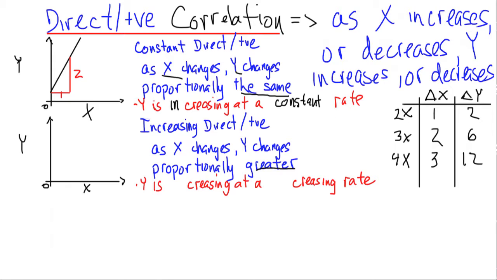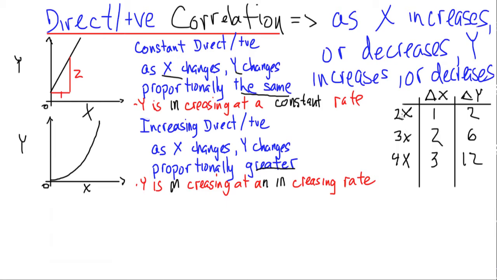How does this look as we graph it? It's similar to this. We start out with a relatively flat curve, and then it increases rapidly. Or you can say that y is increasing at an increasing rate.